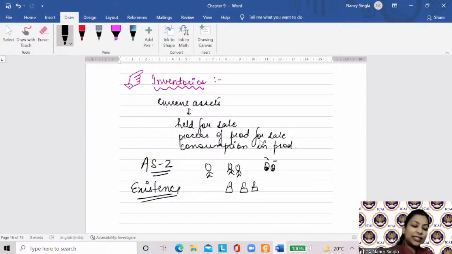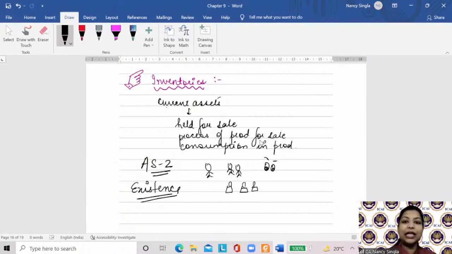Okay. So what do we have to do for existence? First of all, who is responsible for inventory count? The management. So the auditor will see what is the entity's plan with respect to inventory count. And the auditor will participate in that inventory count with the management. Okay. So participation was required. If you remember, I told you, is it that you go and have tea and come back? No. The auditor will observe the employees as to how they are conducting the inventory count.